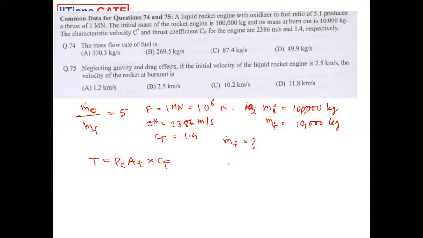Also the mass flow rate m dot is PC AT divided by C star.